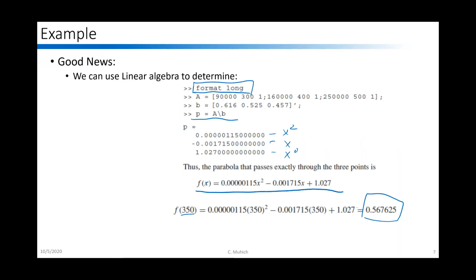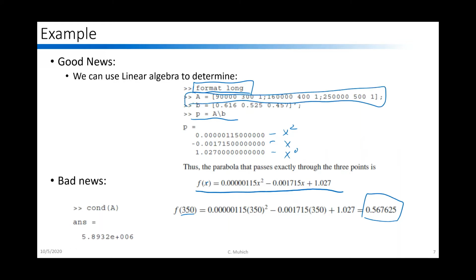But there's a little bit of bad news. The conditioning on this matrix is very poor. If I type in the condition of A, my answer comes out to be 5.8 times 10 to the 6th. This number is huge compared to 1. Remember that a condition number around 1 represents a well-conditioned matrix. We are very far from 1.